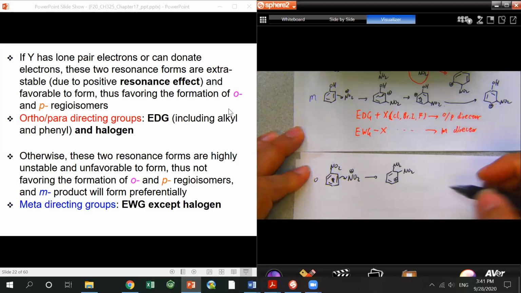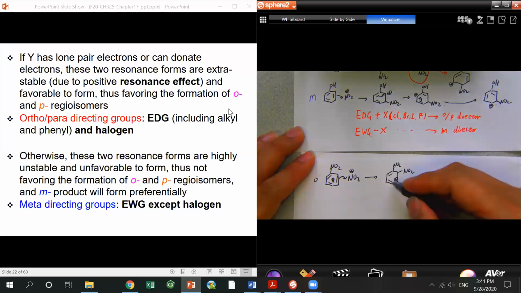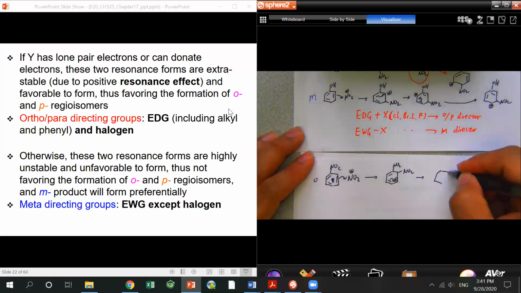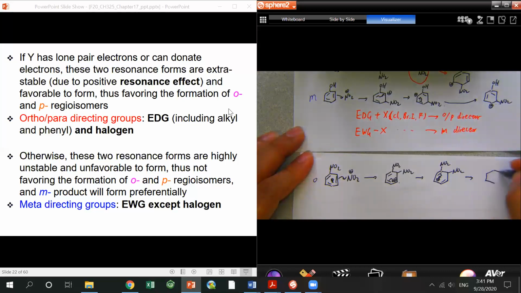First, the positive charge here, and then you can shift the electrons and generate another cation, and then shift further here and generate the third one. Once you shift here, you find the positive charge is on the carbon with the first nitro group attached.